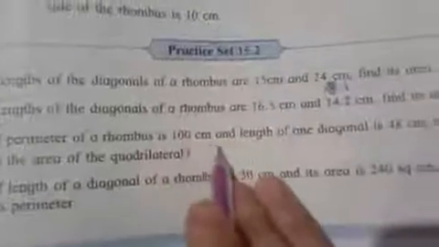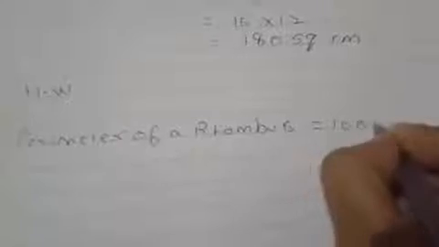So, third one. We will first write what is given. The perimeter of a rhombus is given. How much is this given? It is given as 100 centimeter. Then what is given?